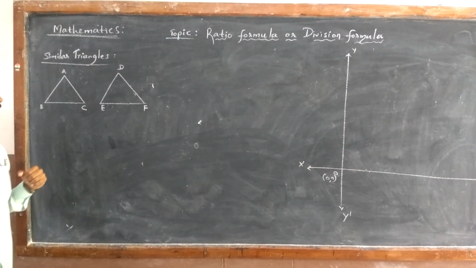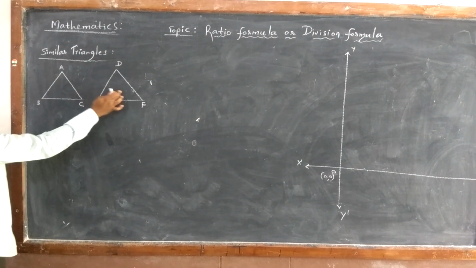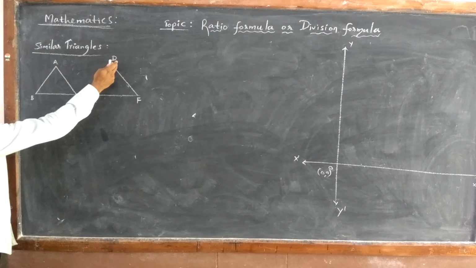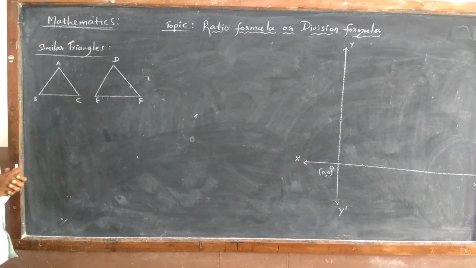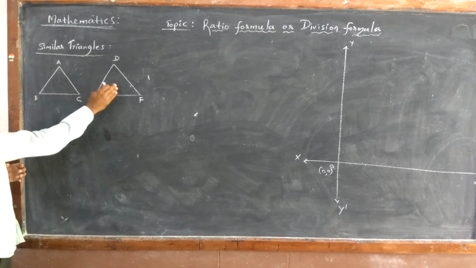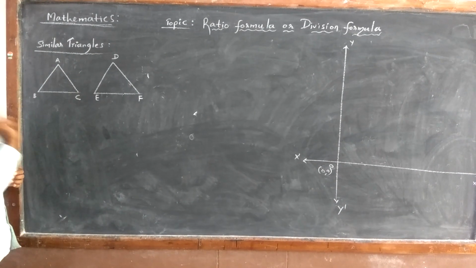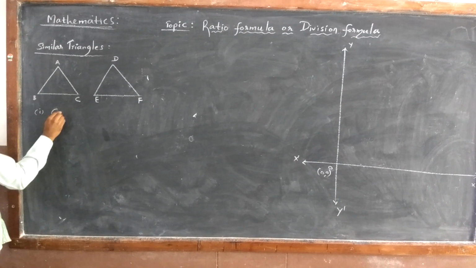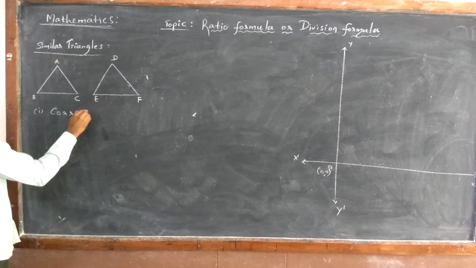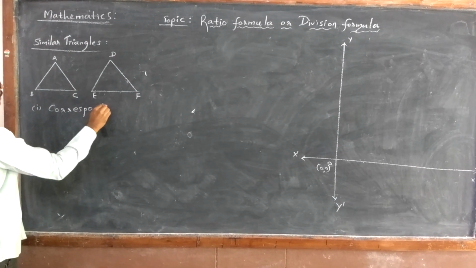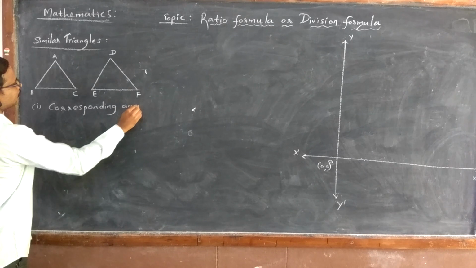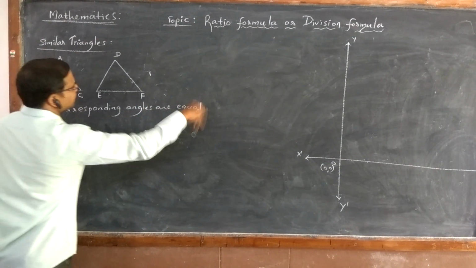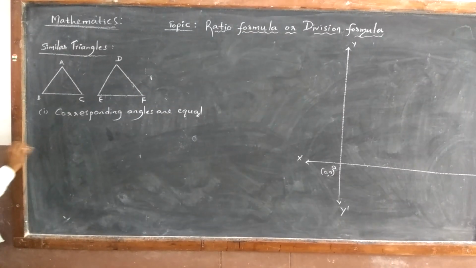What are the corresponding angles here? Let me take two triangles ABC and DEF. These two triangles are similar under two conditions. First one is corresponding angles are equal. That means what are the corresponding angles?